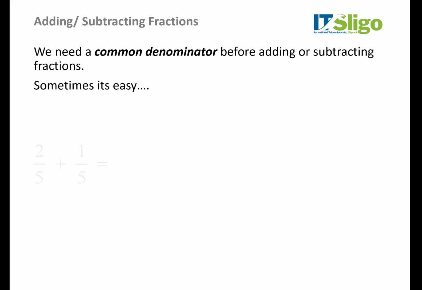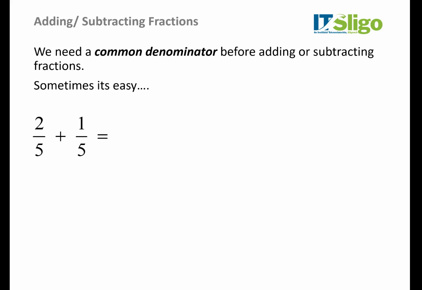So sometimes it's easy. So sometimes the denominators are the same. And it's very important here, guys. We have two of these things, 2/5, and we have one of them. So we're still counting fifths. We don't add the denominators. We just add the numerators. So I used to always say to students, it's like with sheep.